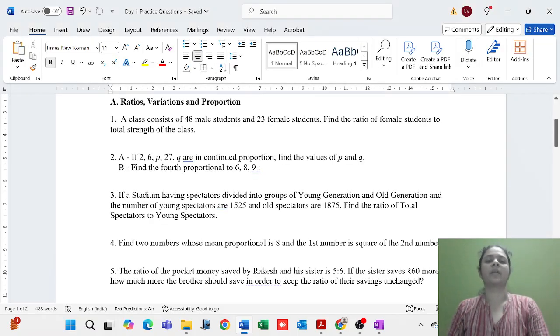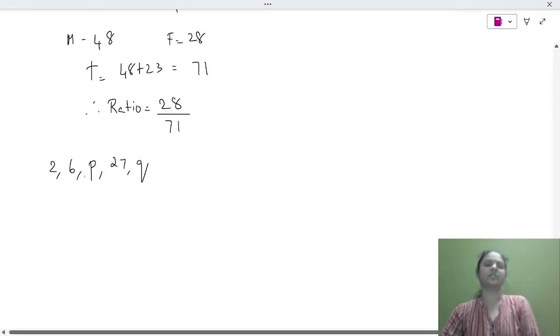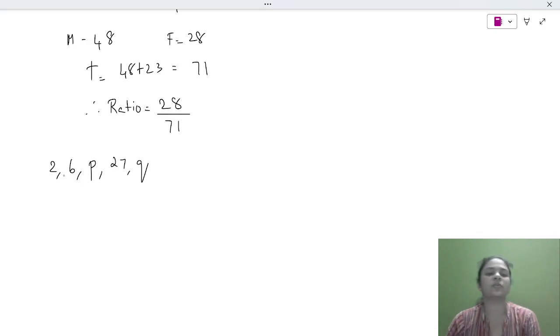Go ahead. Next question, 2 question A. If 2, 6, P, 27, Q are in continued proportion, the values of P and Q are. So the question says 2, 6, P, 27 and Q are in continued proportion. So when you say they are in continued proportion, then you can club it into value groups of 4.